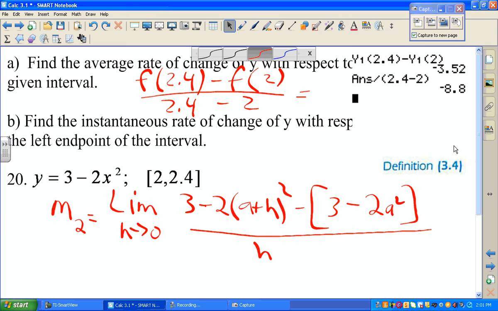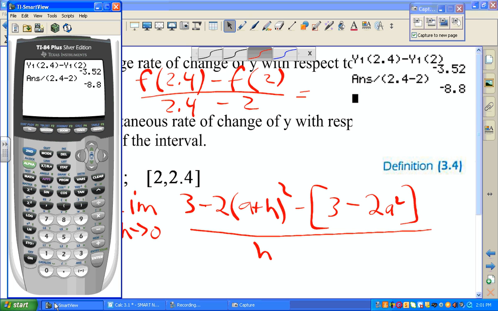That's the answer for part A. I just found the y value, subtracted them, and divided by the difference of the x. The equation, 3 minus 2x squared. Yeah, y equals. I said function notation. You know how it goes, f of x. So you go to Y bars, function, Y1, parentheses.